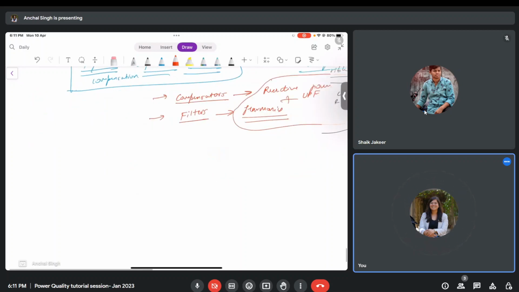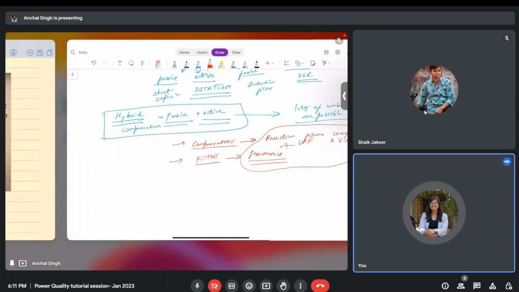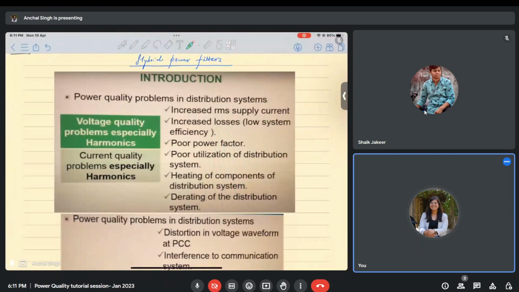Okay, so we'll move on to the discussion for today's lecture, that is hybrid power filters. As we know, there are two major types of power quality problems. One is voltage based power quality problems, another is current based power quality problems.